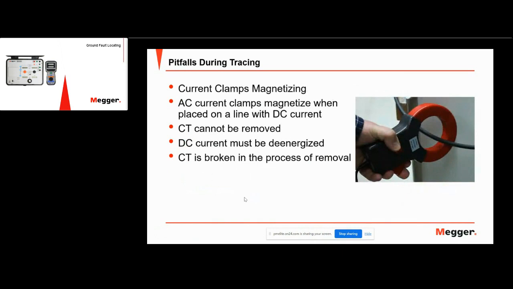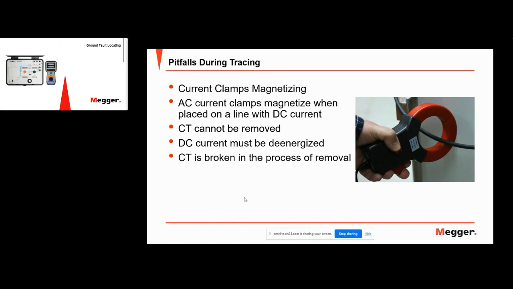And this is another issue that we've run into. Now, if anyone has done ground fault tracing on a DC line, usually you go to work on de-energized lines. However, that's not always the case. You can run into scenarios where you're on live DC. If you place an AC current clamp on an energized DC line, what happens?